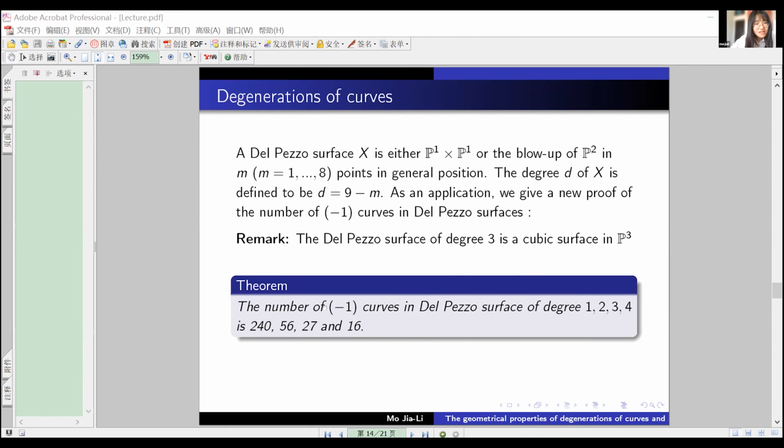After we blow down the suitable -1 curves, we can find a one-to-one correspondence between the -1 curves and the integral sections of the original fibration. So these -1 curves are seen as integral sections.